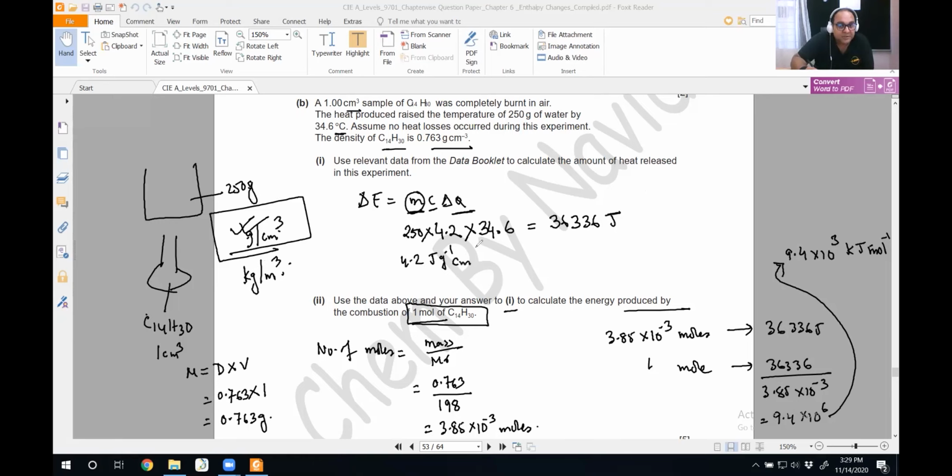If you convert into kg, it's 4200 joule per kg. So we have taken it in grams. See how many times it has increased. You have to convert everything. You have to convert cm cube into meter cube, and joule, gram into kilogram. So you have to convert everything. It's not this.